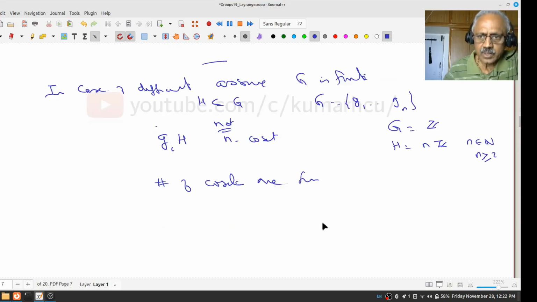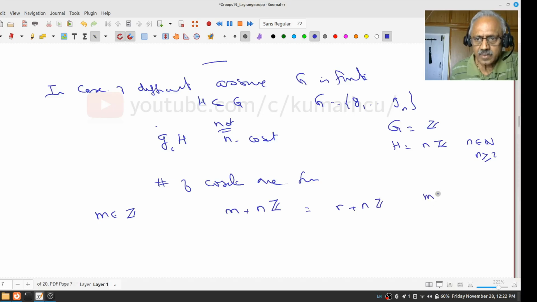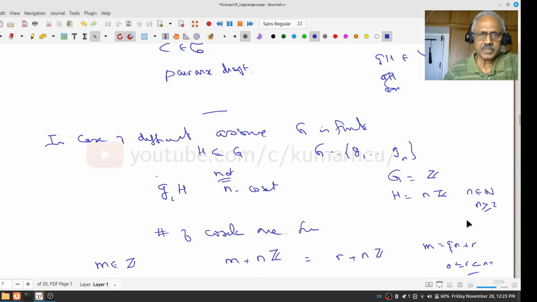Even though for each m in Z, I have a coset m plus nZ, finally this m plus nZ is the same as r plus nZ, where m is some qn plus r, where 0 less than or equal to r less than n minus 1. You understand? Therefore, when we say the set of cosets, we are looking at only the set of distinct cosets.